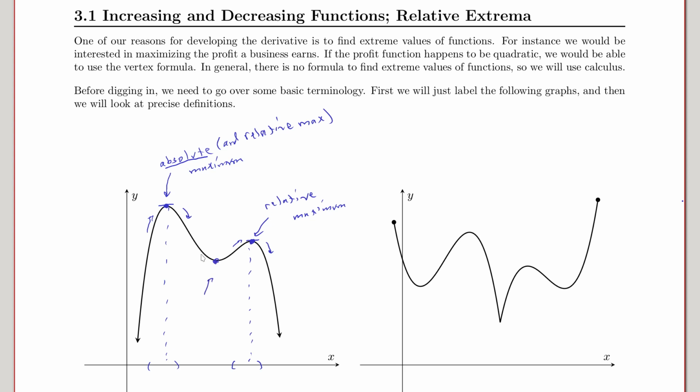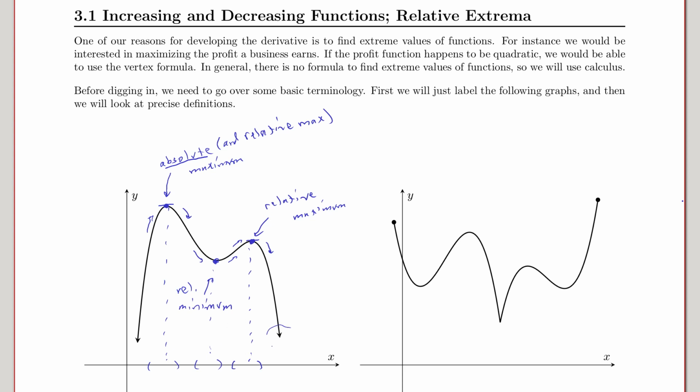Okay, so what would be a good name for this point here? Well, here we go from decreasing to increasing. So relative to an interval here, that would be a low point. So this is referred to as a relative minimum. Is it the absolute minimum? Definitely not.